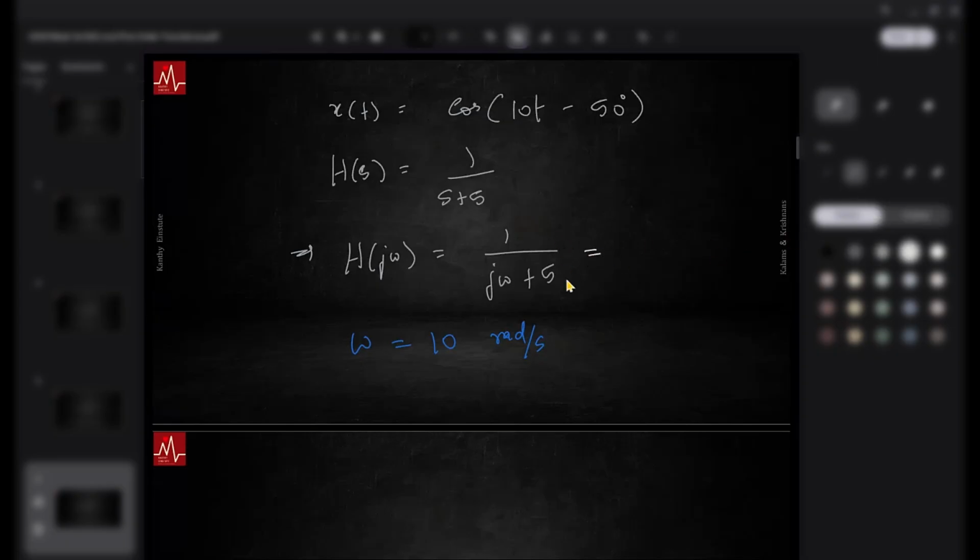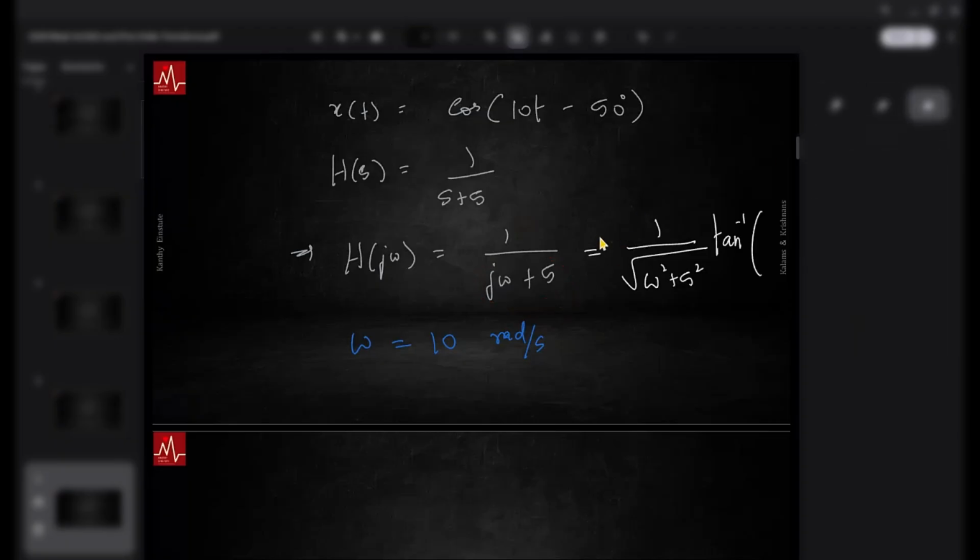What is the amplitude of this? What is the phase of this? This has an amplitude of 1 by the square root of omega squared plus 5 squared. Then you have tan inverse, with a negative sign because this is in the denominator. The tan inverse of 0 disappears.